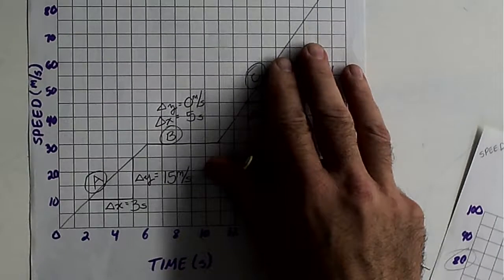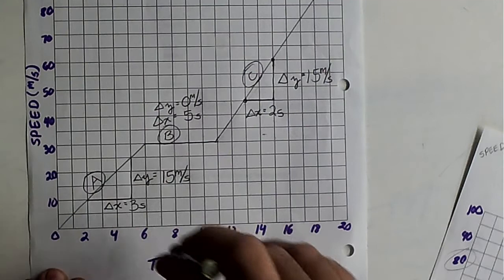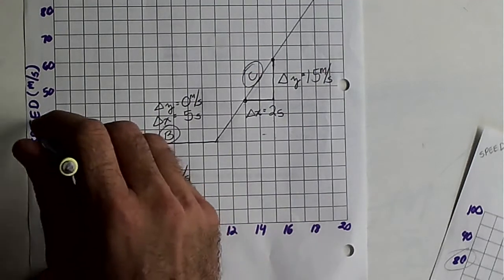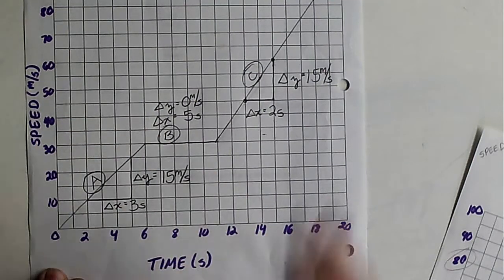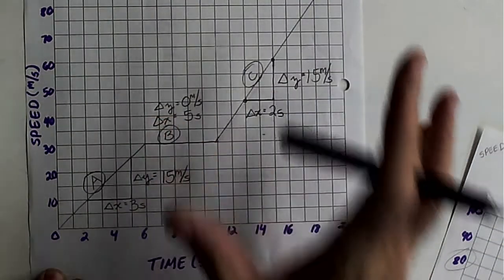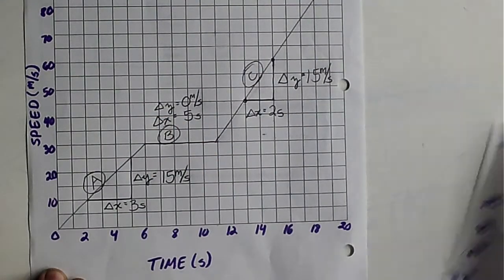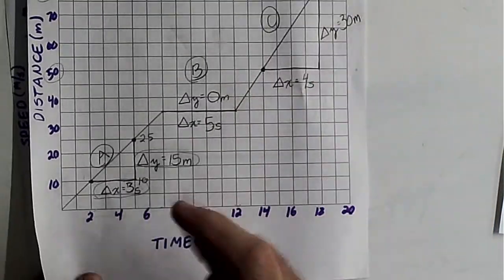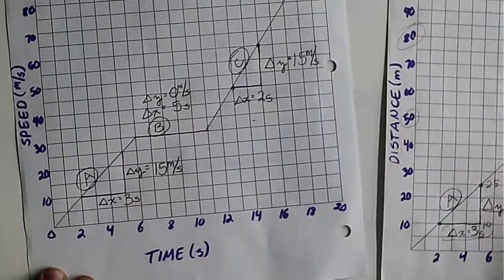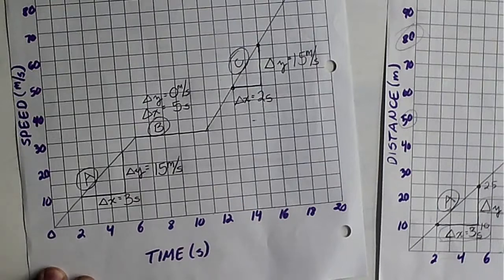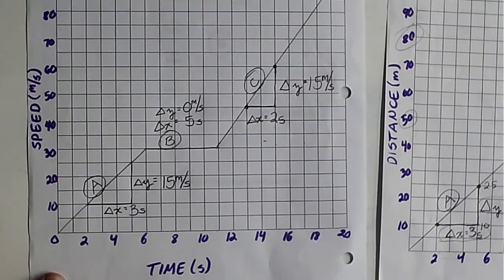This is different. This is a speed versus time graph. If you look at a speed versus time graph, you should think in your head automatically acceleration. If you see a distance versus time graph, you're probably dealing with speed. If you're dealing with a speed versus time graph, you're probably dealing with acceleration.